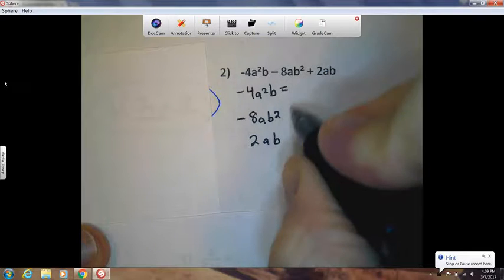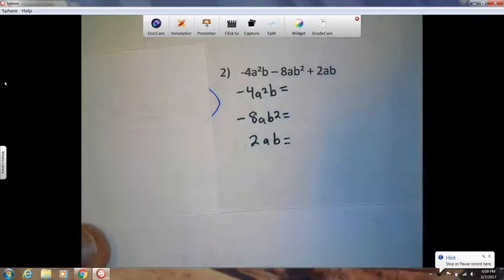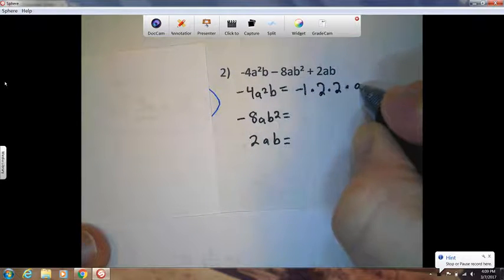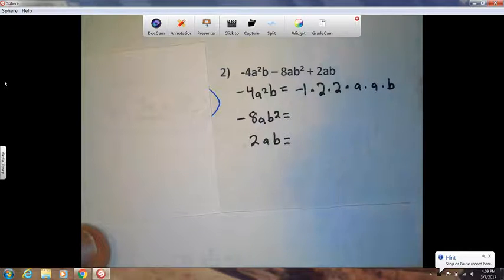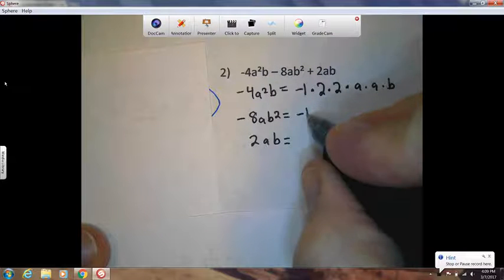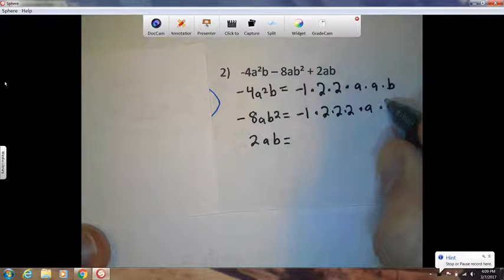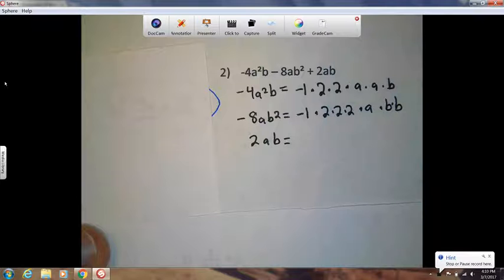So -4, I'm going to make that as -1 times 2 times 2 times a times b. So this might be something that's helpful, so you're not confused when we talk about the negative numbers. And again, you need to understand this is a -8. So -1 times 2 times 2 times 2 times a times b. And this one I have 2 times a times b.